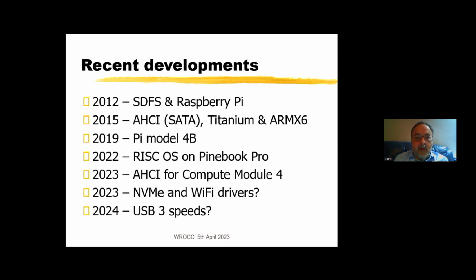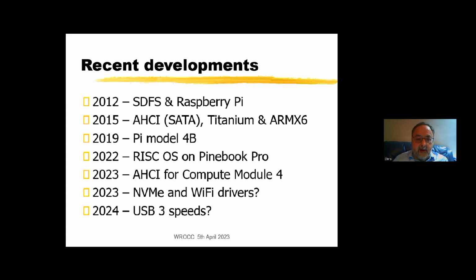When the Raspberry Pi came out, there was an SD card filing system available for it, which was pretty crucial, because other than pen drives, which had been used up until then, SCSI discs, USB discs, the SDFS was reasonably quick at the time, and that was written to complement the Raspberry Pi.